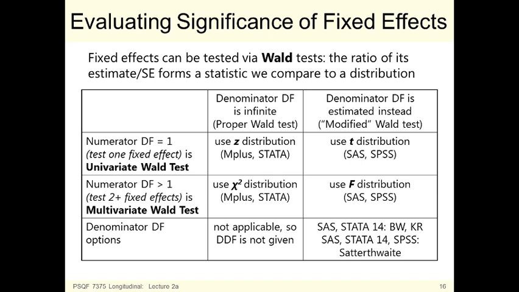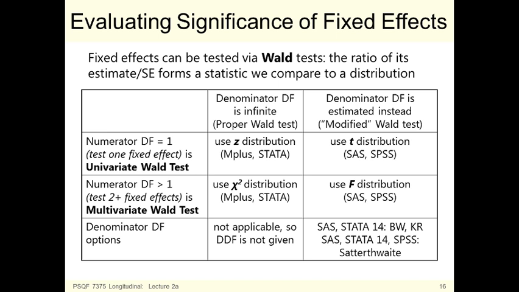Whether that estimate over standard error ratio is described as a z or a t depends on whether you're using denominator degrees of freedom, which you're supposed to use whenever you have a small-ish sample. I think the limit is usually described as somewhere around 30, where this starts to matter. If you're not using denominator degrees of freedom at all, then basically you're saying you have an infinite sample, and that gives you a z. So if you have software that does not report degrees of freedom of any kind, such as Mplus, and sets that as the default, as in Stata, they're calling it a z.